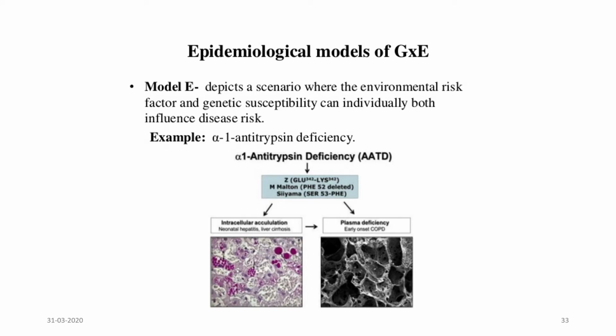This is an enzyme which is produced by our liver. The liver produces it and puts it out into the blood. The function of this enzyme is to go and bind to the elastase enzyme. Now, where is this elastase enzyme? In the lungs.